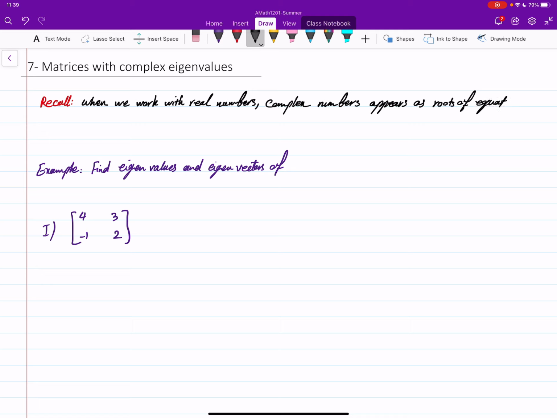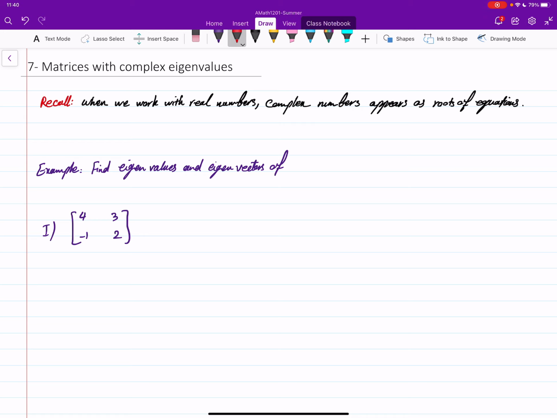So we may have just a real nice equation, and then when we try to solve it, the complex numbers come up, and this is almost the one thing that will happen.